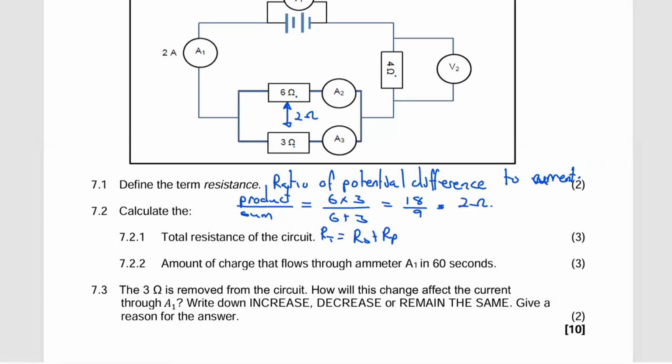In series I have 4 plus 2, which gives a total of 6 ohms. Take note, at times they can change the wording. Instead of total resistance, they can say equivalent resistance, which refers to the same thing.